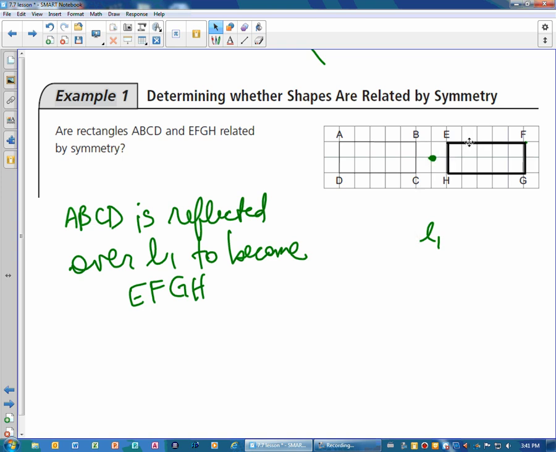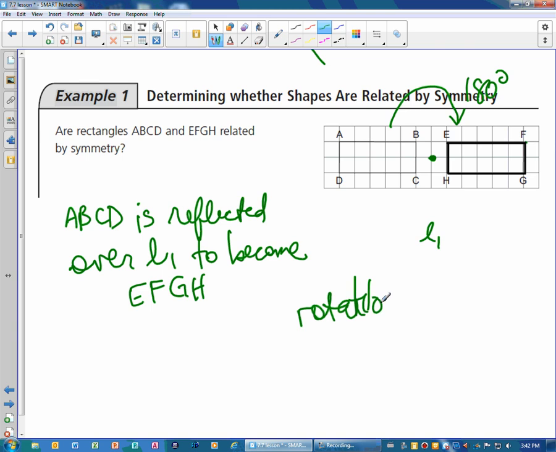Okay, it actually has rotational symmetry of 180 degrees because I could turn this way or this way, either way, 180 degrees, and it would be on top of itself. So I could also say it has rotational symmetry, order 2.